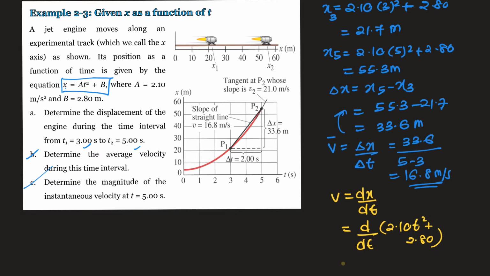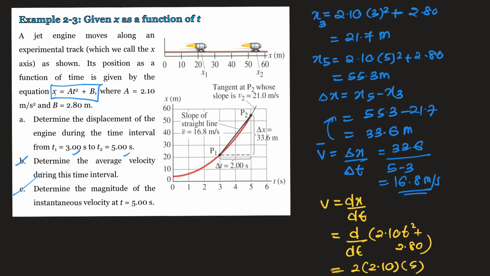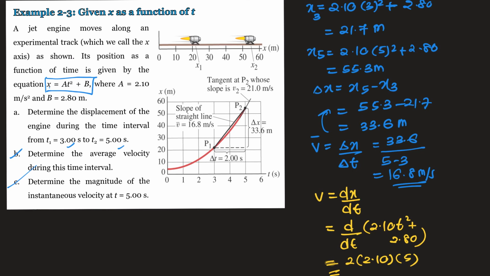So you're going to get here 2 times 2.10, and t you are going to get 5. So the answer is what? So the answer is 221.0 meter per second, like that.